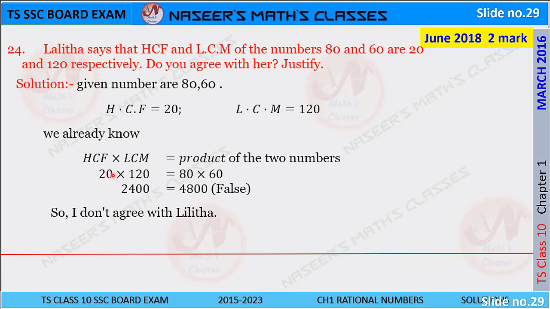Here HCF is 20 and LCM is 120 and the first number is 80 and second number is 60. By multiplying 20 into 120 we get 2400, and by multiplying the two numbers, that is 80 into 60, we get 4800. 2400 is not equal to 4800. This is false. So I do not agree with Lalita.